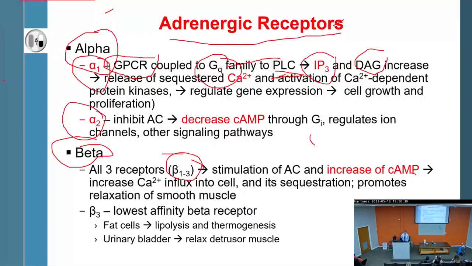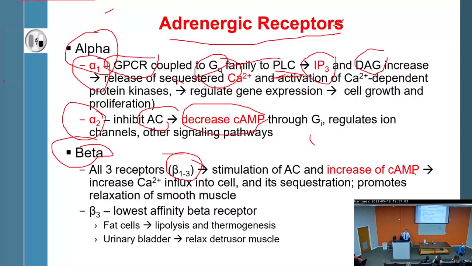Alpha 2 receptor acts through a different system, acts through the cyclic AMP second messenger system. So you heard that was the first second messenger system described. It's highly investigated, still today. Okay? It's involved in many different pathways and different organs, etc. And activation of an alpha 2 receptor, this type of adrenergic receptor, affects this pathway because it will inhibit the effector, the adenylyl cyclase, decreasing the second messenger cyclic AMP, and in that way will regulate a bunch of other things.